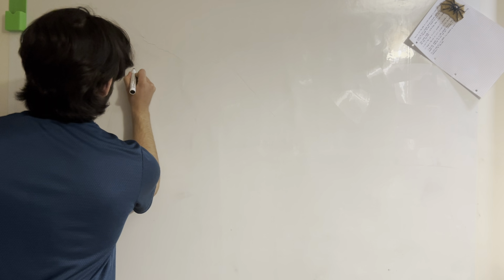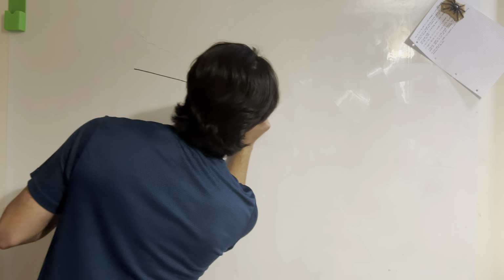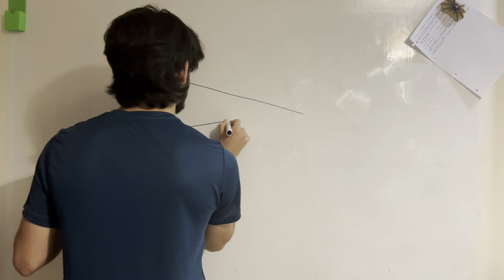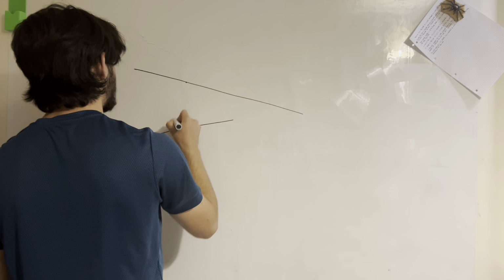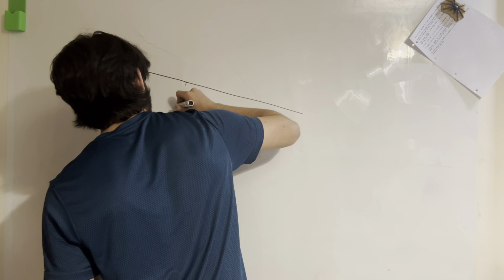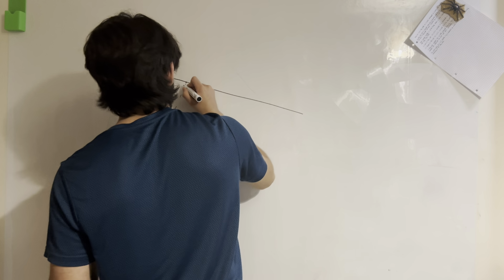I guess if I had to represent it in 2D, I'd have maybe an offset like this, and then I choose a point here, and then I draw the perpendicular like this.